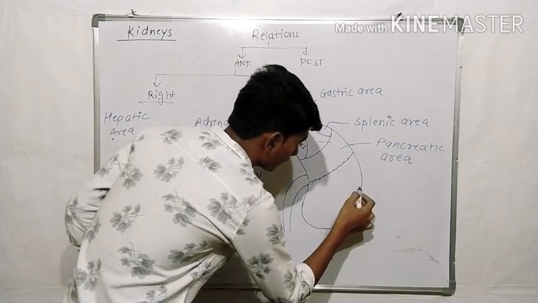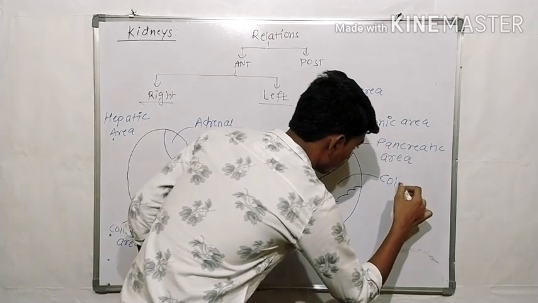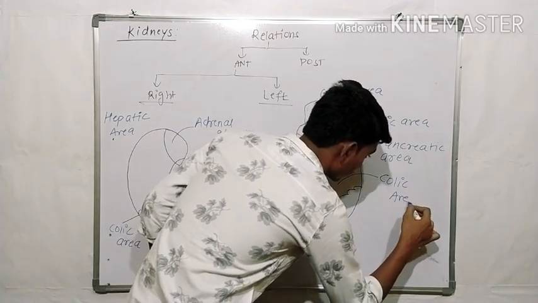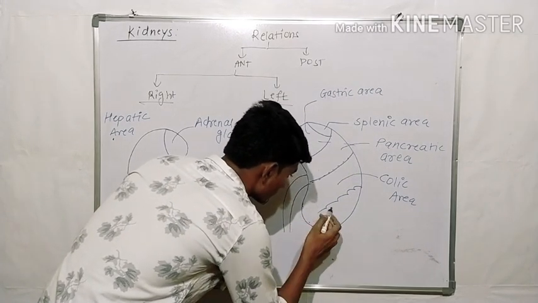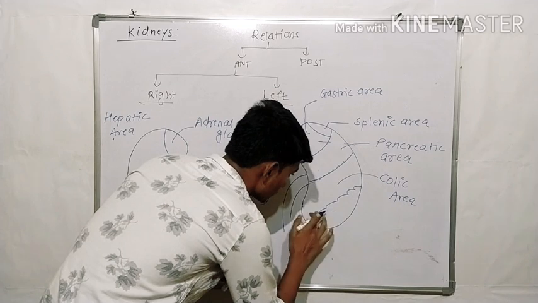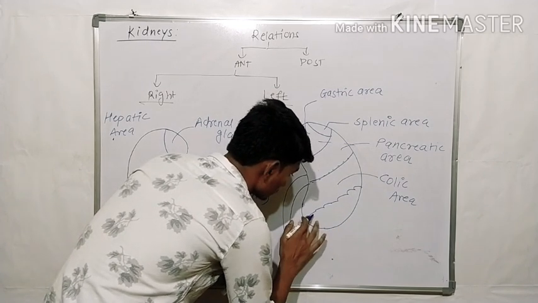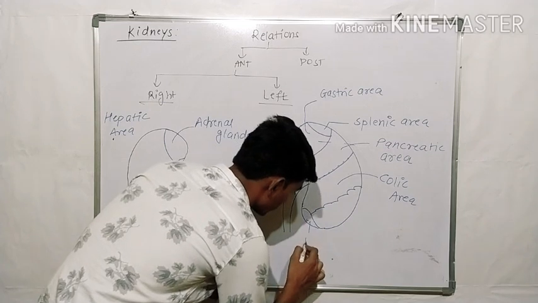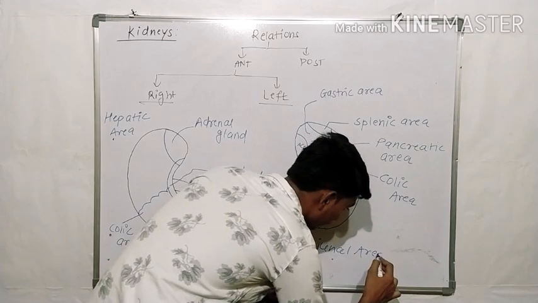And like this is colic area, and this one is jejunal area.